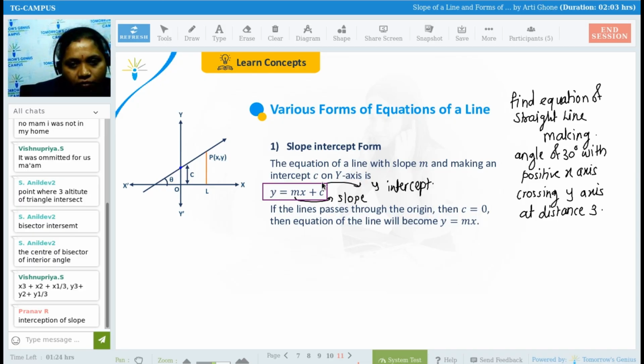Now what did you get? An angle and an intercept, right? Okay, what did you get? Data.